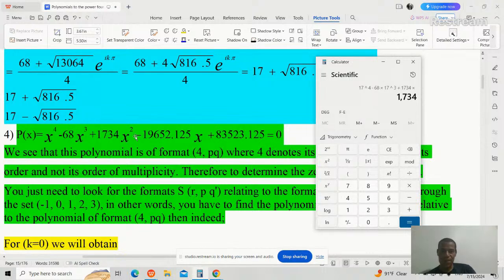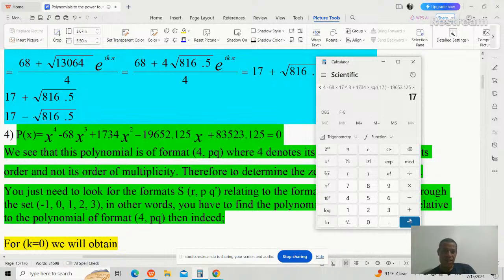The x is 17, so 17 squared, minus, learners, 19,652.125 times what? Times x. X is 17.